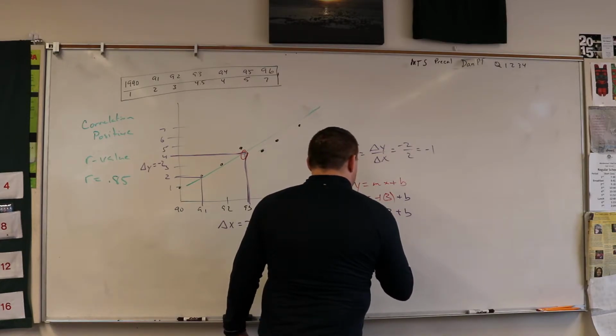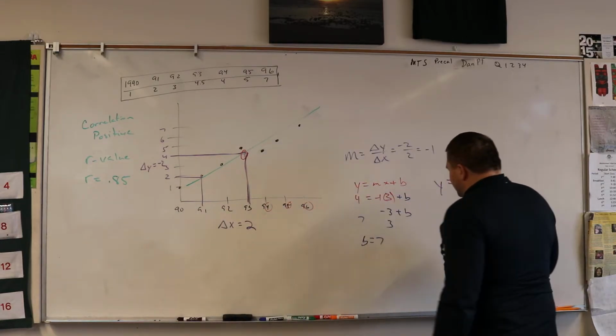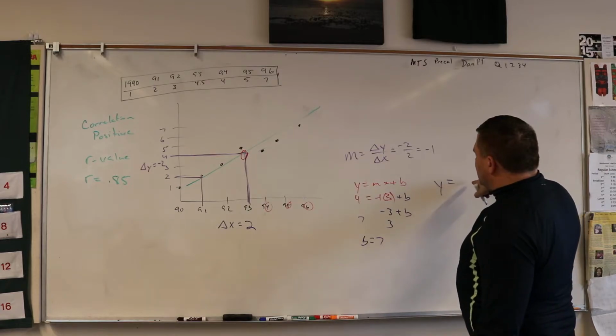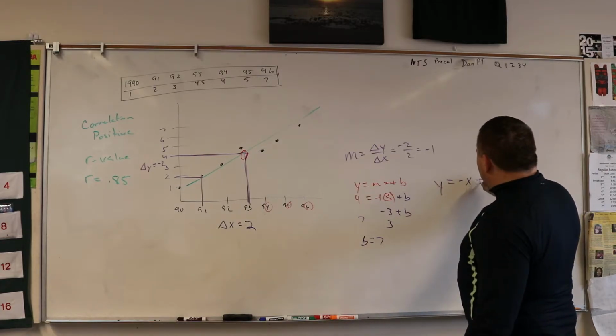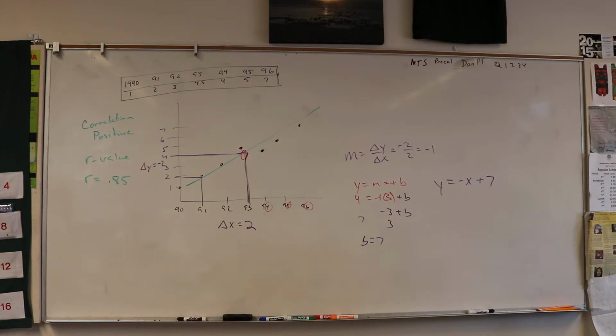So b is equal to 7. So y is equal to negative x plus 7.